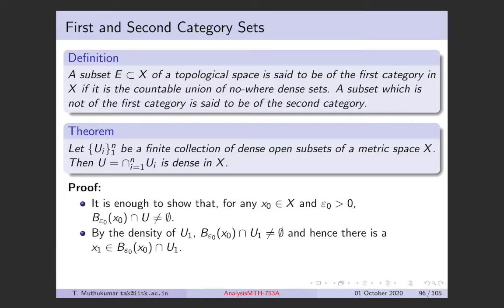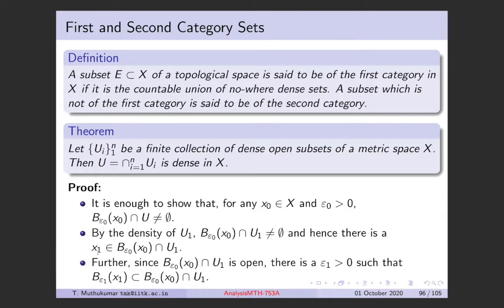We need to show the density of U. So by the density of U1, this intersection is non-empty, which means there is an element in this intersection. Let's call that x1. Now x1 is sitting inside this. This is an intersection of two open sets, which is open again. So x1 is in this open set, which means that there is a ball of radius epsilon 1 which is completely contained in this set.